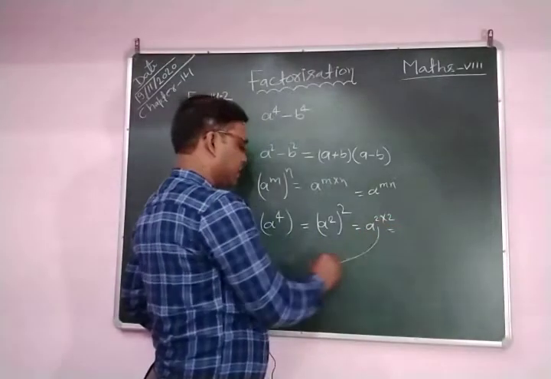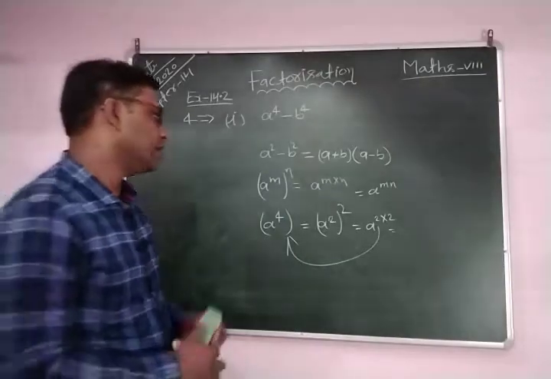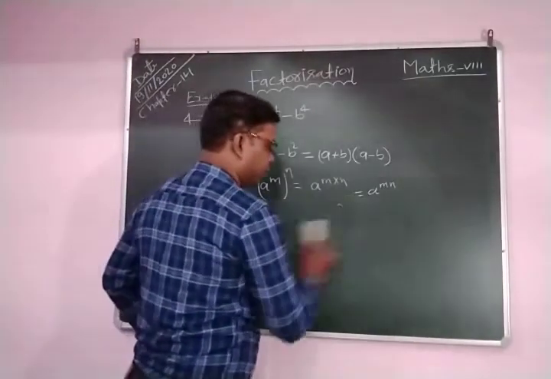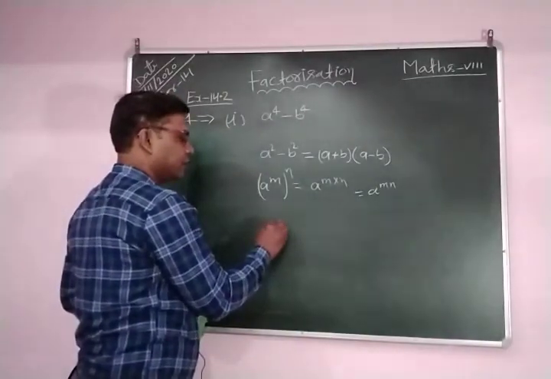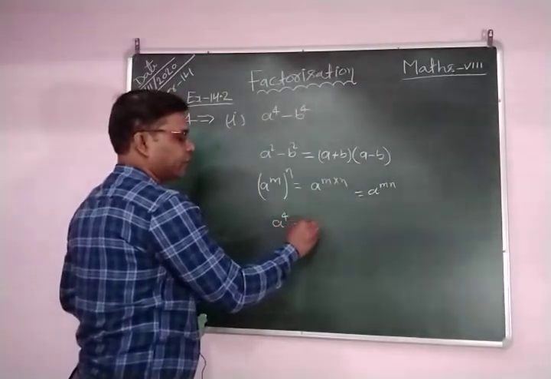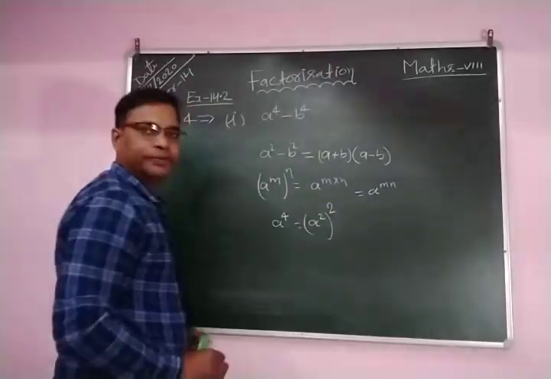So a to the power 4 is equal to a square whole power 2.